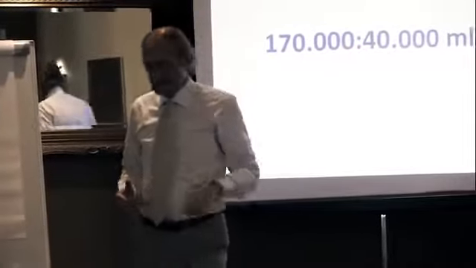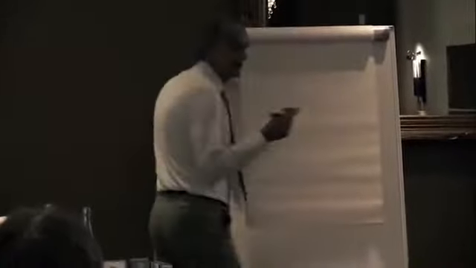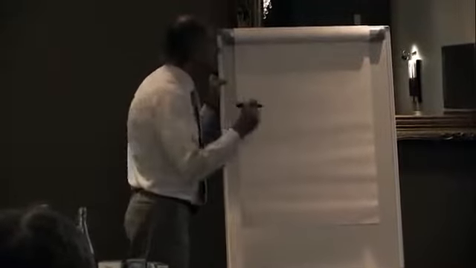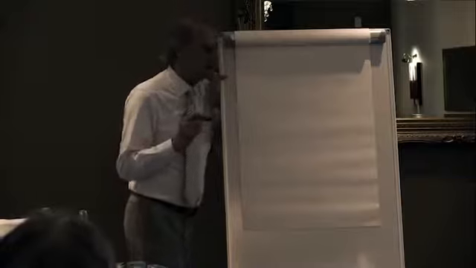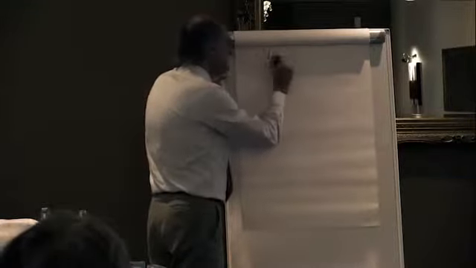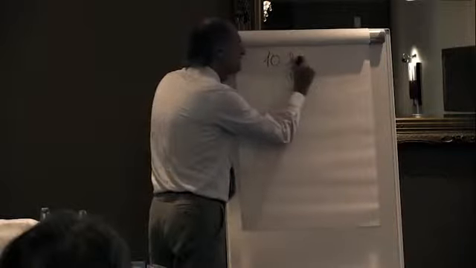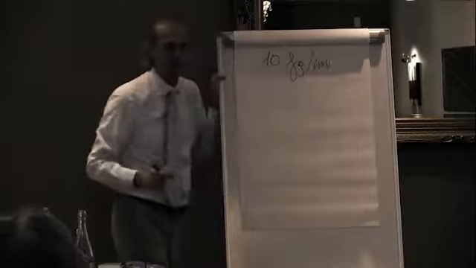170,000 to 400,000 billion. What does it mean? Okay, I told you that to be effective without side effects, we use our medication in a concentration that is 10 femtomole per milliliter.